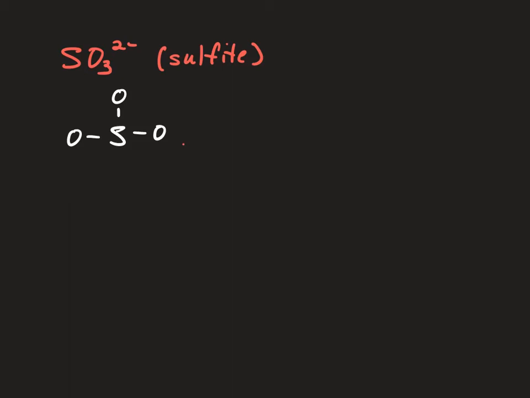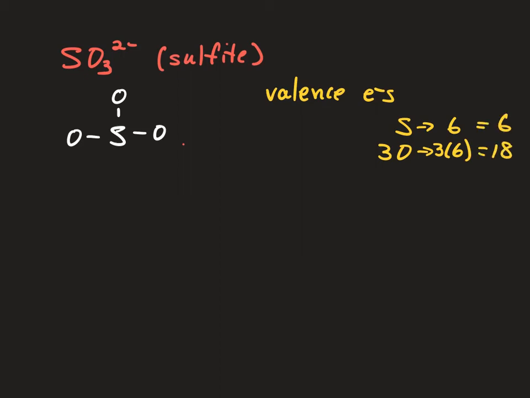We'll have to consider our valence electrons. Right, I'll try to move this over a little bit. So sulfur will contribute 6. 3 oxygens will contribute 3 times 6. So that's 18, giving us 24.